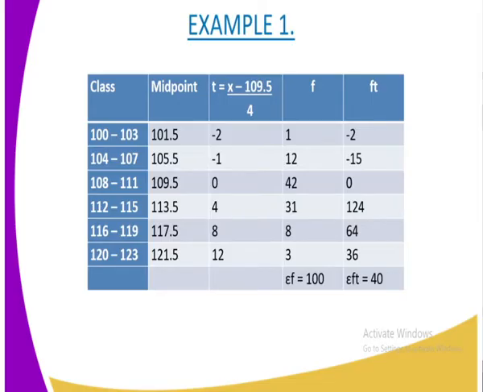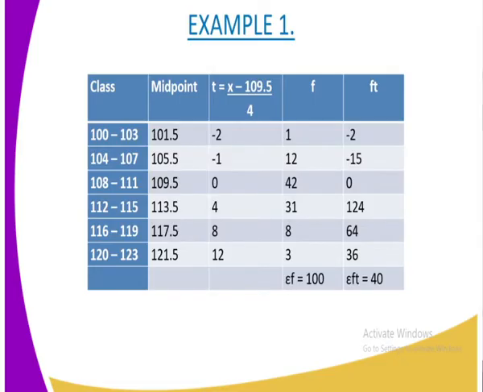Same as our second class, which is 104 to 107. You just take 104 plus 107, then you divide by 2 to get your midpoint, which is 105.5. Our third class is 108 to 111, to get 109.5.